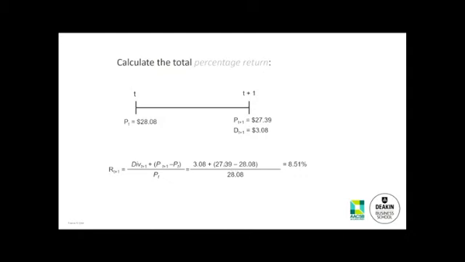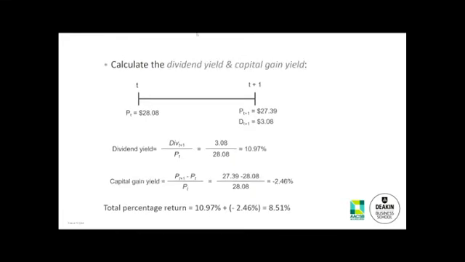Am I right? To this end, if you decompose the calculation into two parts, if you calculate dividend yield and capital gain yield separately, the return from dividends only is actually much higher. It's about 10.97%. And if you calculate capital gain, it is negative. You put it together, it gives you the same solution. It will be 8.51%.